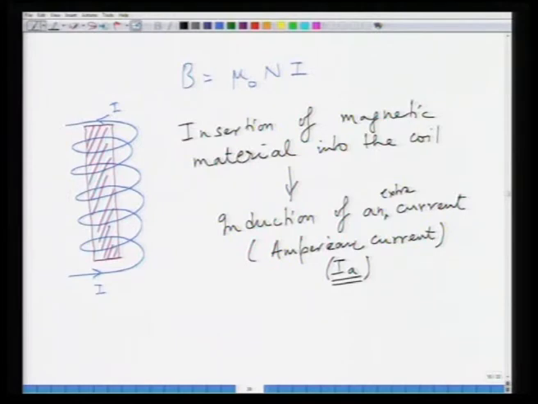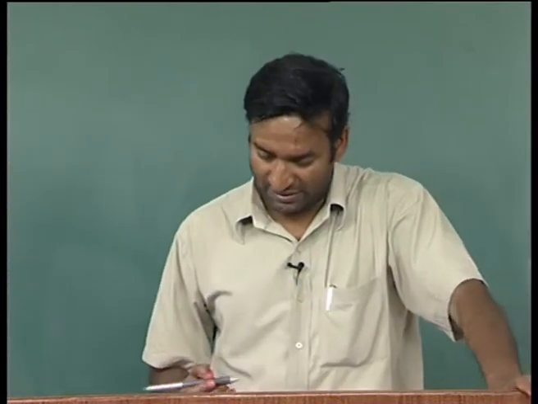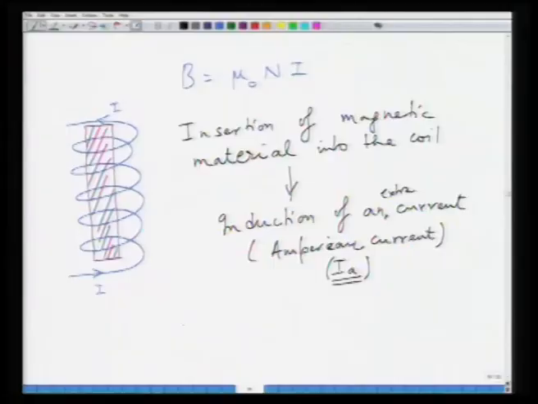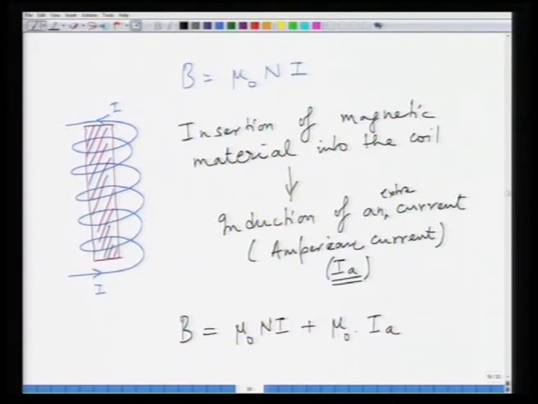So, you insert a magnetic material inside the coil, and this magnetic material induces its own additional magnetism, and this gives rise to B to be written as, so you had mu N I from the earlier one, and what you have now on top of it is mu naught multiplied by I A, and this I A is the extra induced current which is because of insertion of a magnetic material.